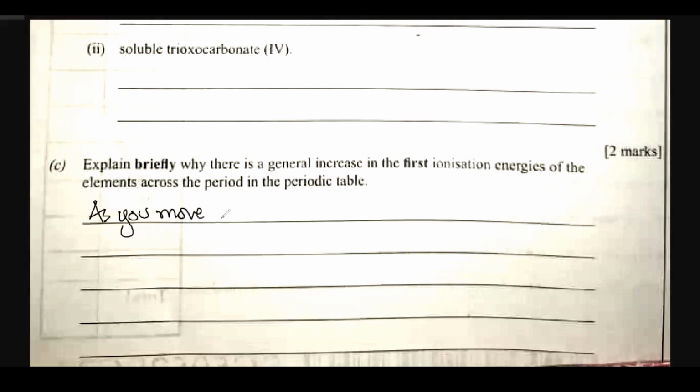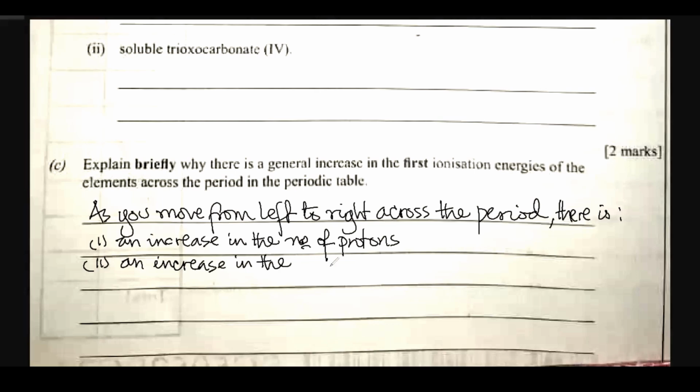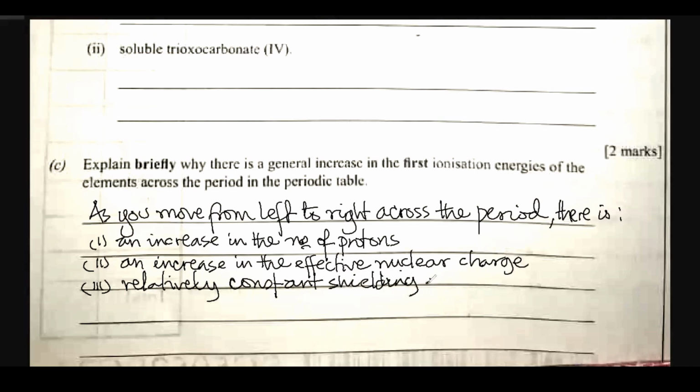As you move from left to right across the period, there is, 1, an increase in the number of protons. 2, an increase in the effective nuclear charge. 3, relatively constant shielding effect of inner electrons.